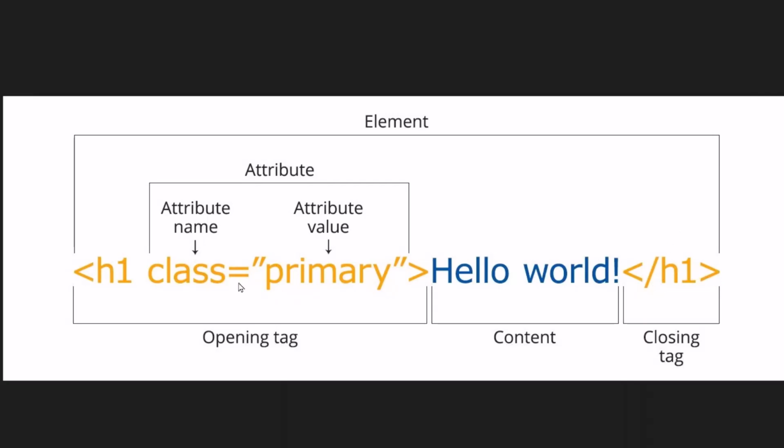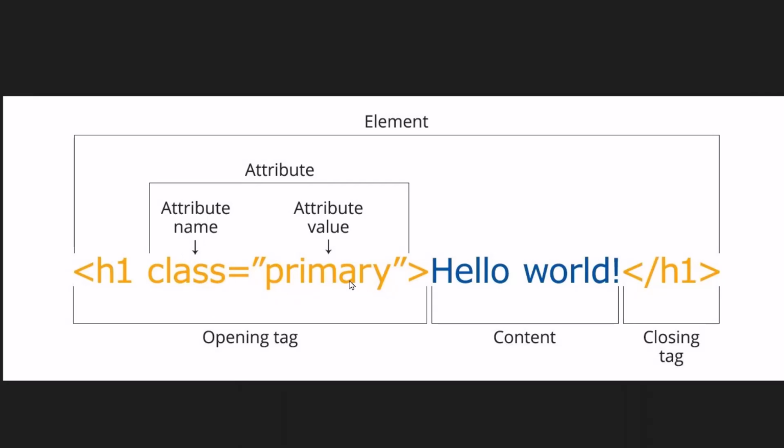Now inside the opening tag of an HTML element, we can have what we call attributes. As you can see here, we have an attribute, and an attribute mostly has an attribute name and an attribute value or values. In this case, we have an attribute called class, and its value has been set to primary.